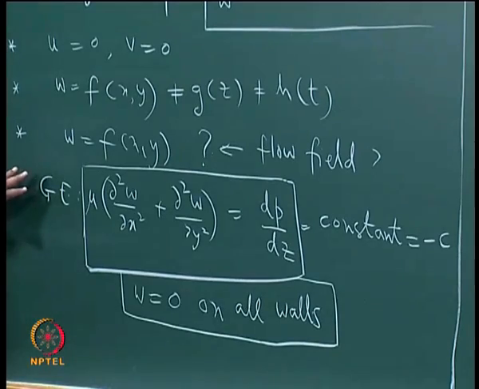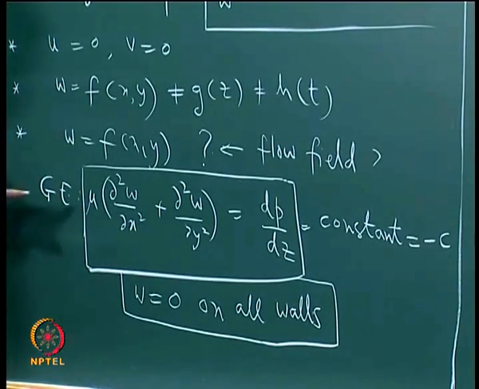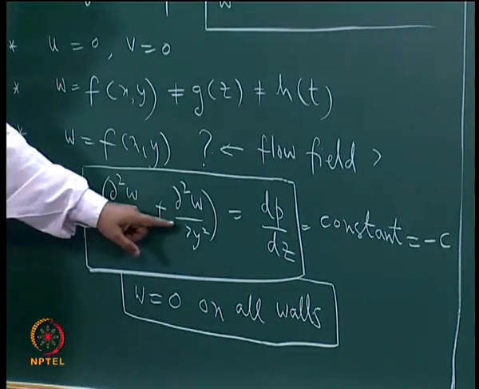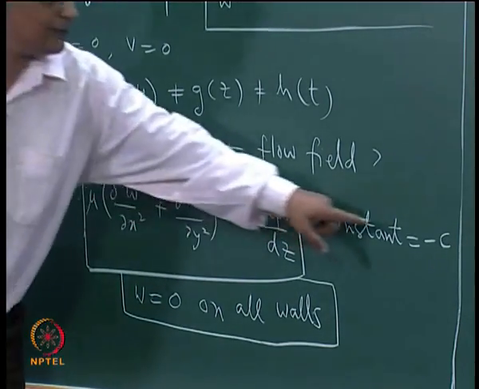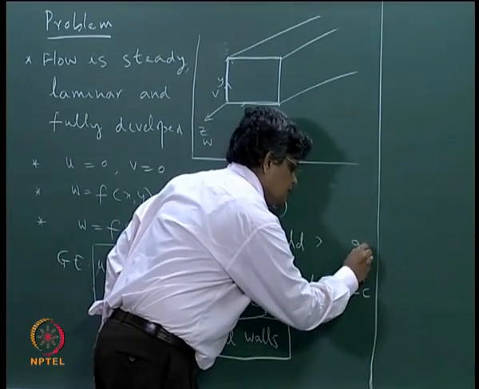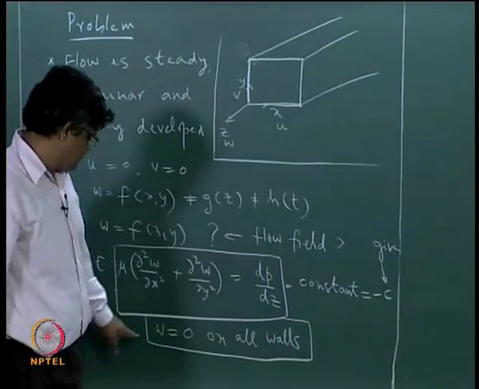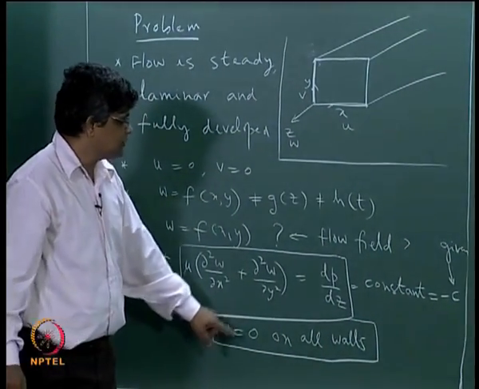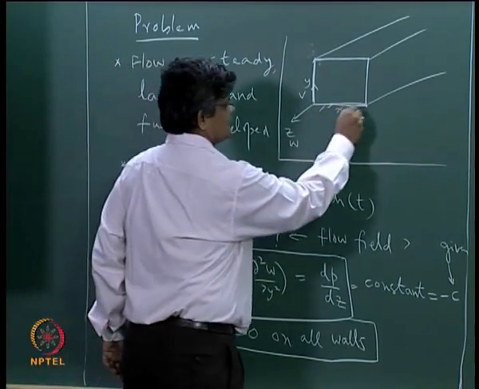So we now have a mathematical problem which is specified, that is this equation with a given value of constant, and with the boundary condition that W is equal to 0 on all the walls.